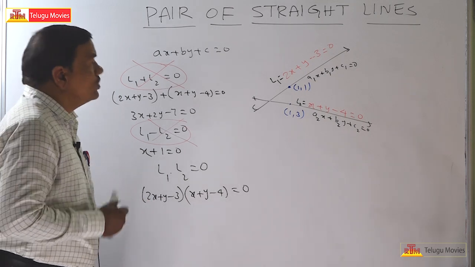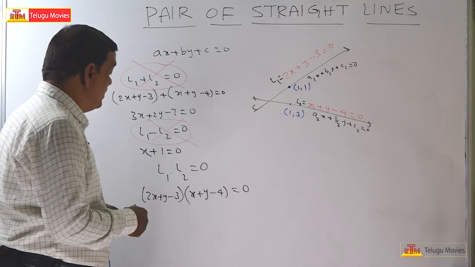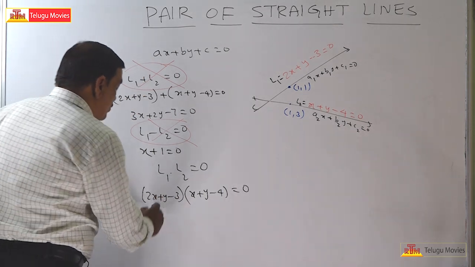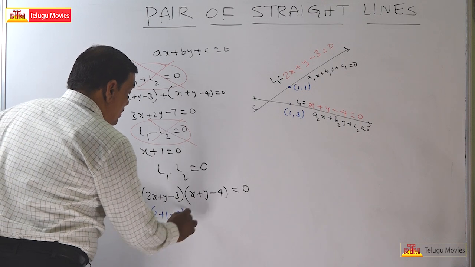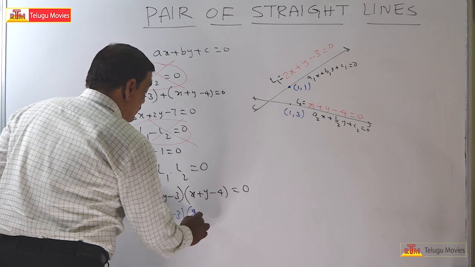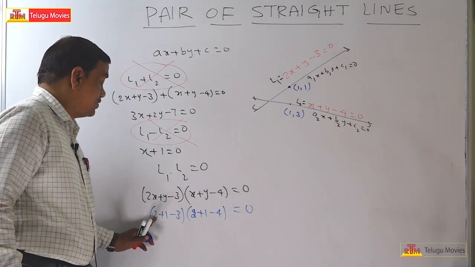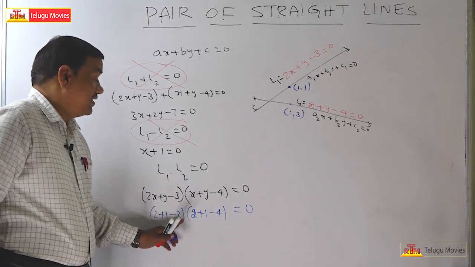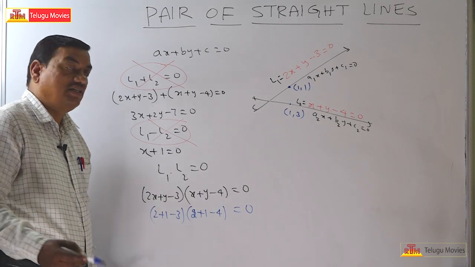Let us check. First consider 1 comma 1. Substitute 1 comma 1 here: 2 into 1, so 2 plus 1 minus 3, into 1 plus 1 minus 4, is equal to 0. Yes, because 2 plus 1 is 3, 3 minus 3 is 0, and 0 into a finite quantity is equal to 0. Yes, it is satisfied.